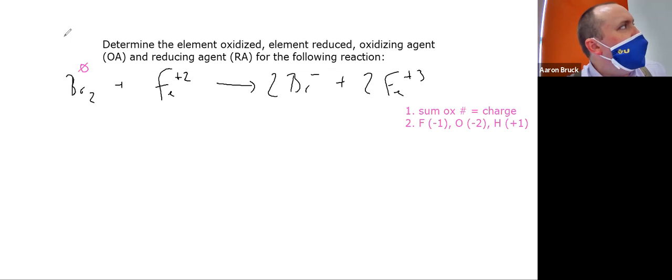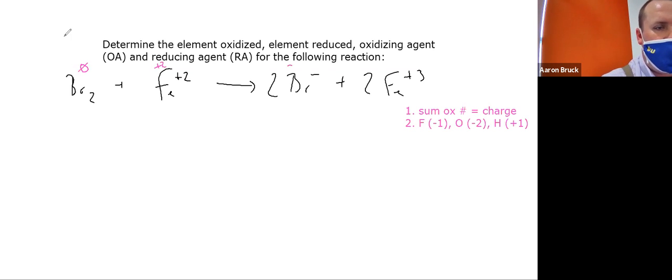I've got iron 2 plus. In iron 2 plus, again, this is a monatomic ion. It's the only element that's present. A positive 2 charge would belong to it. For the bromide, -1 would be its oxidation state because that's also its charge. For the iron 3, +3 would be its oxidation state because that's also its charge.